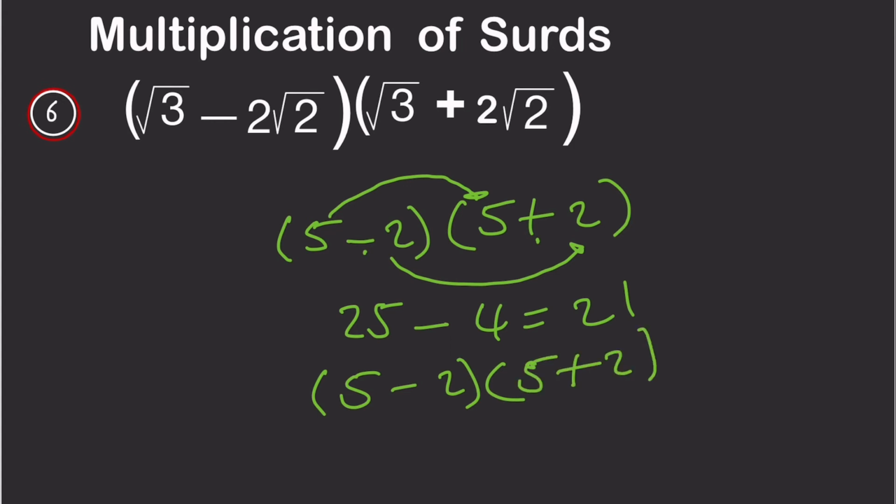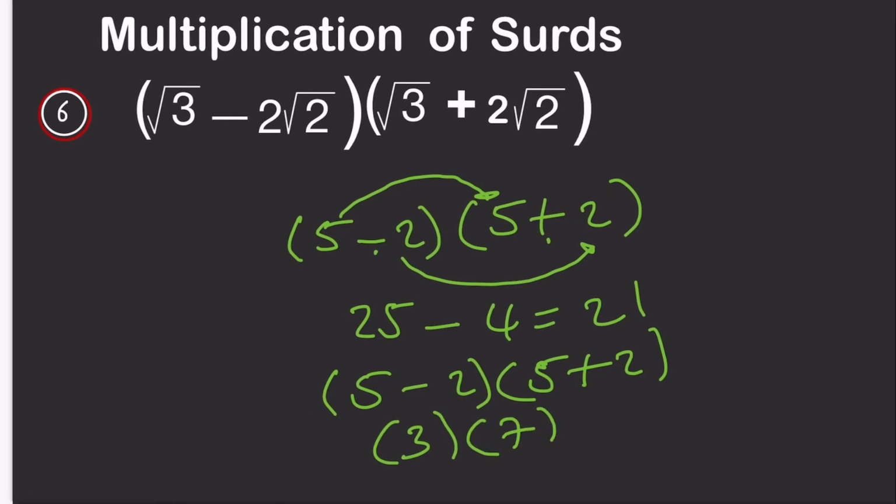So this is the same as 3 and this will be the same as 7. If we multiply 3 times 7, it is also 21. So it means I can multiply the first times the first minus the last times the last number. Okay, I'm going to solve these.